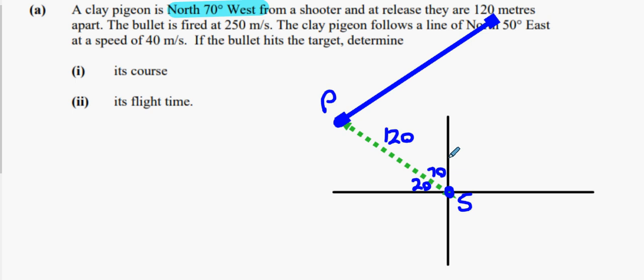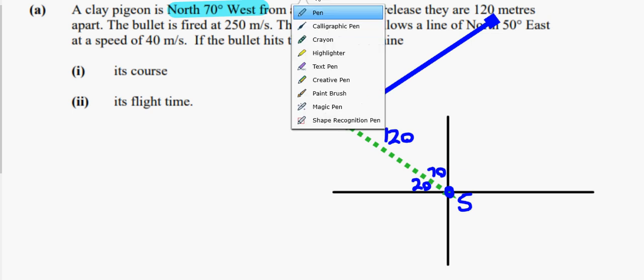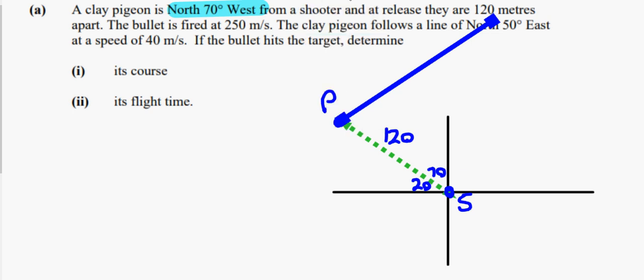Now, the bullet itself, which I'll use this in pink. I don't know if I'm shooting this way or I'm shooting this way. I have no idea. So I'm just going to draw the triangle anyway. Done, alright? Now, let's write down which one do we want to be stationary.